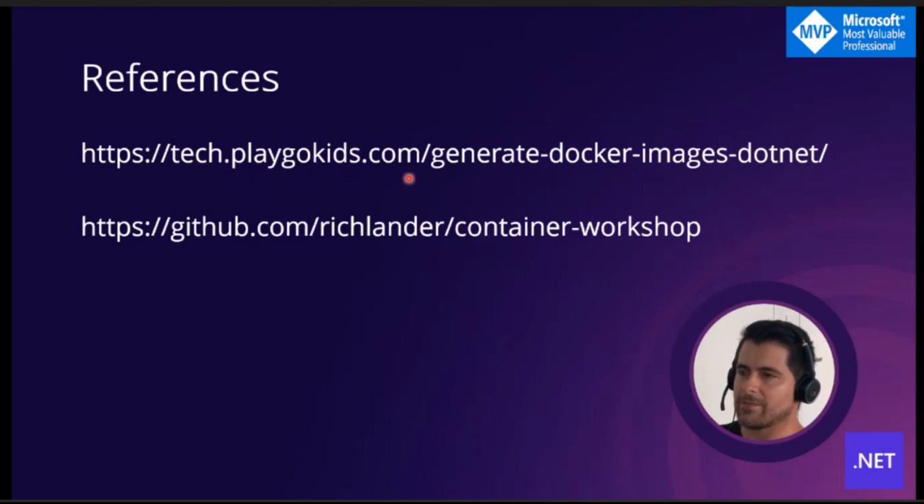This is my blog post, where you can generate Docker images for .NET containers. Also, the container apps team created this container workshop. All of the examples I shared are available in there, and you can check for yourself later on.